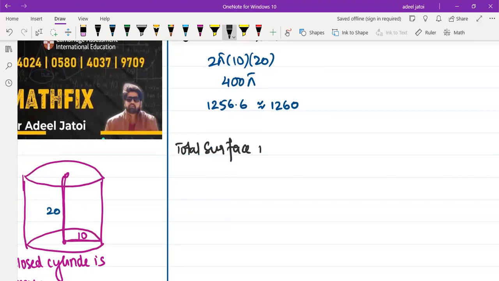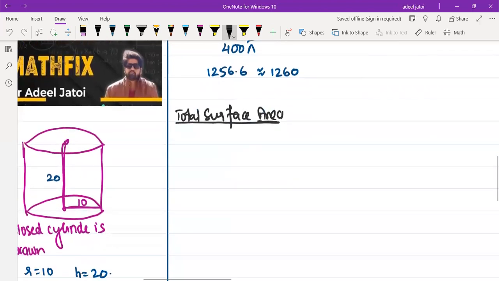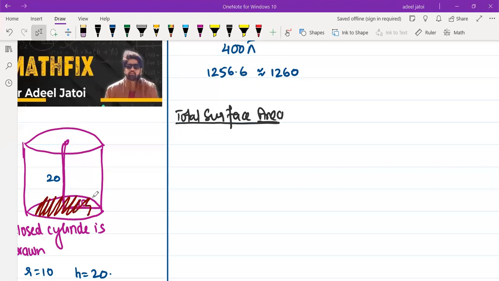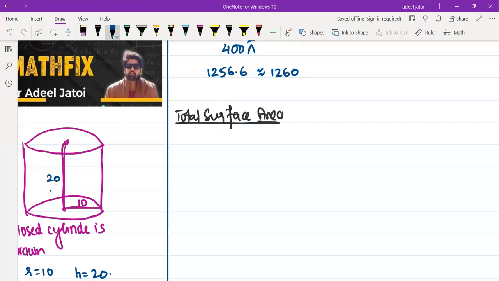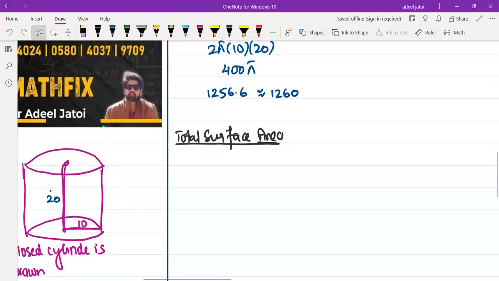So how do we find out the total surface area? Knowing how many figures do we have? We know there is a circle at the bottom, a circle at the top, and there is a curved surface area. So the total surface area here will be 2 pi r square plus 2 pi r h.